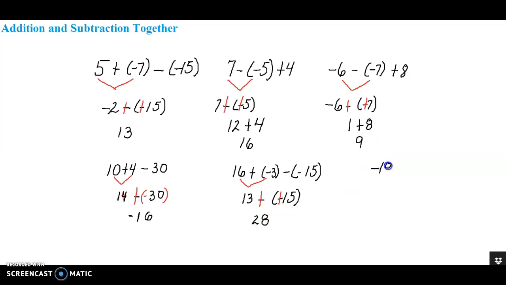Negative 18 plus a negative 2 plus a negative 10.